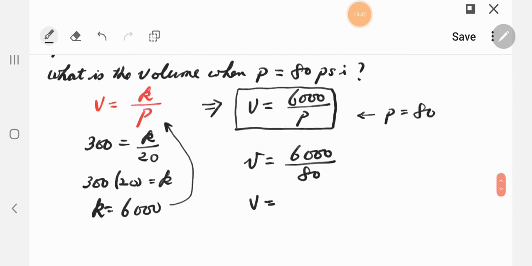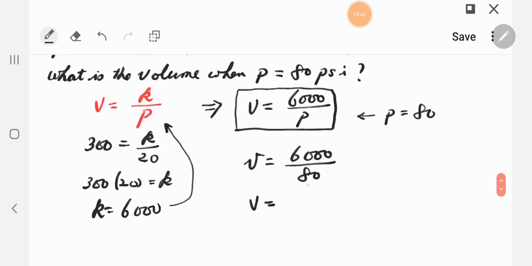Then V will be equal to 75. The volume is in cubic centimeters. So that's the volume of this automobile cylinder.